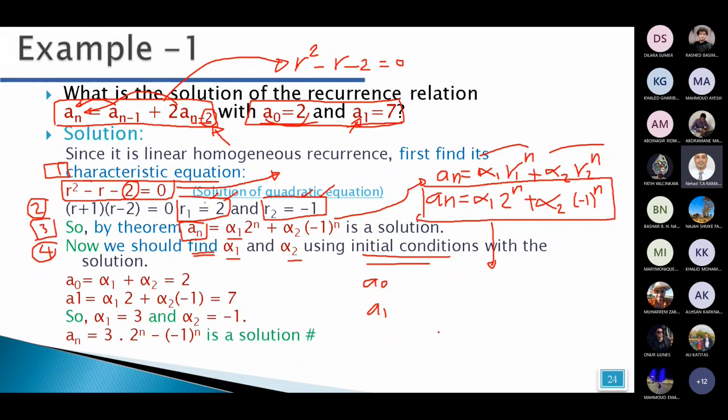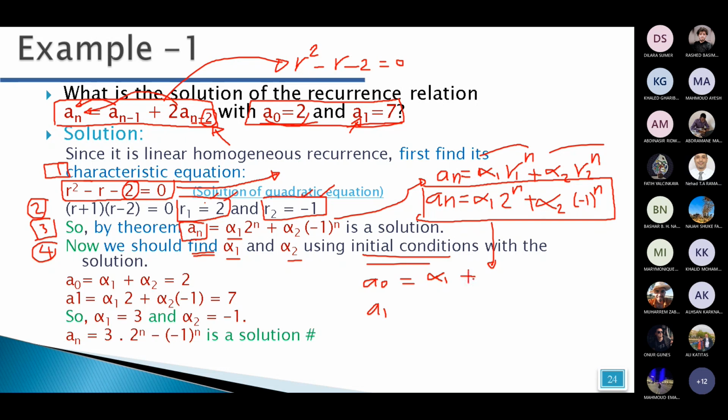For a_0, instead of n, we will put 0. So a_0 equals alpha 1 times 2 to the power 0. 2 to the power 0 is 1, multiplied by alpha, it's alpha 1.